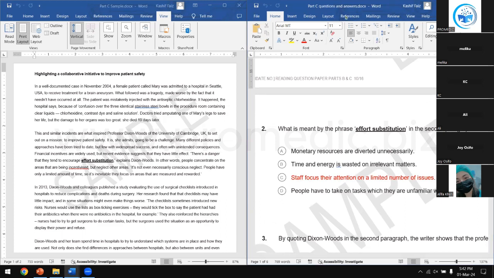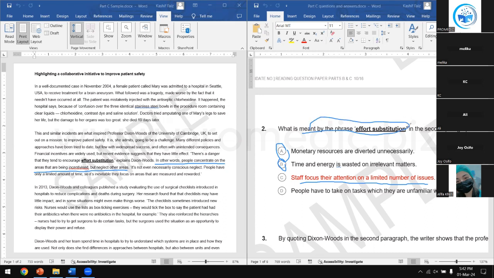And why? Why is this the correct answer? Because here it is written, in other words, people concentrate on the areas that are being incentivized but neglect other areas. So staff focus their attention on a limited number of issues. Yes, A can be a right answer, B can be a right answer, but the question is what is meant by the phrase effort substitution?